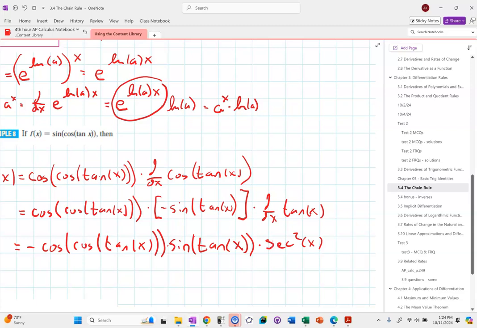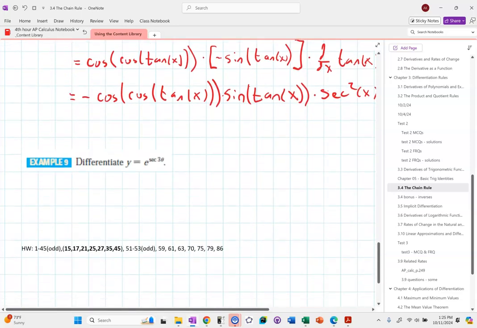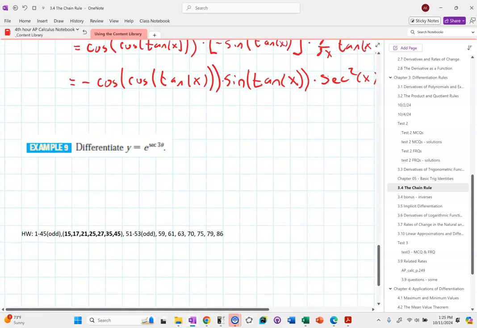It's hard to do that at the start though. I really encourage you to derive the outside times derive the inside, write the derive the inside piece down in case there's extra stuff to do there. But this is super common.